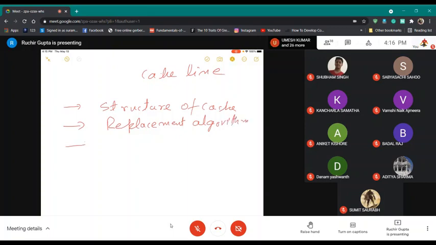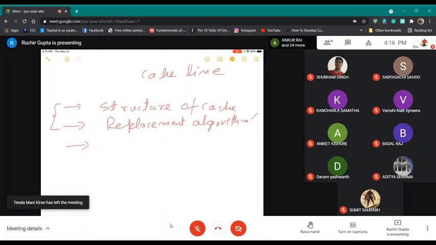Okay, first let's discuss these two things. So structure of the cache means in what way we are going to store these blocks into cache. That we refer to as the structure of the cache.